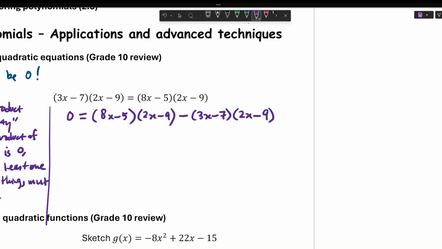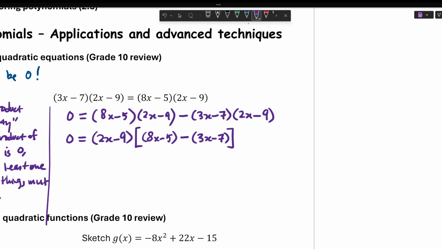Now, you'll notice that you have this binomial common factor, 2x minus 9. So what's left over? Well, we have an 8x minus 5 from the first one, minus a 3x minus 7 from the second one.